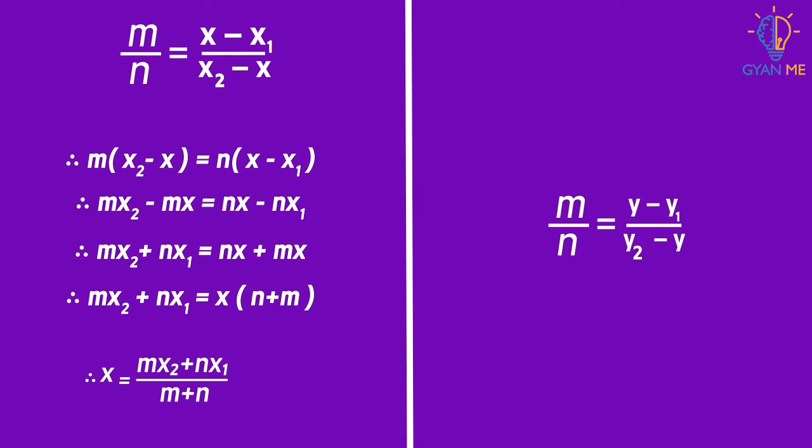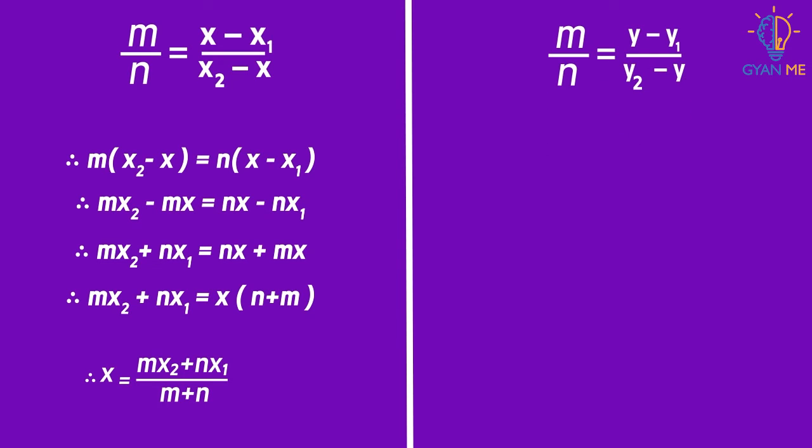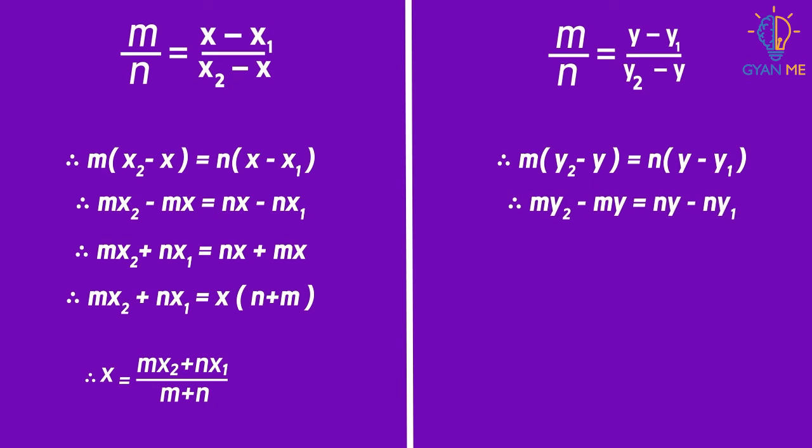Now, for the second part, we get m upon n is equal to y minus y1 upon y2 minus y. After cross multiplying, we get m into y2 minus y is equal to n into y minus y1. Therefore, my2 minus my is equal to ny minus ny1.